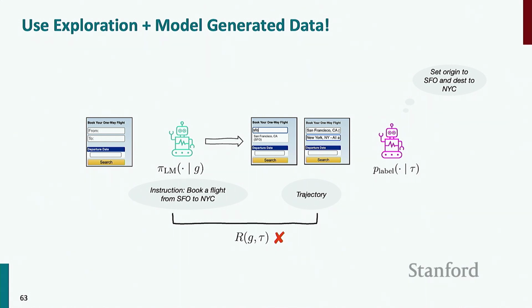So what we're going to do here is again invoke the relabeler to take the trajectory and assign it a new label. So the model was not successful at accomplishing the task it set out to do, but it accomplished something. And we're going to come up with the best guess of what that was with a second language model. And it's going to say that, okay, maybe the instruction you accomplished instead was to set the origin to SFO and the destination to New York City, okay?